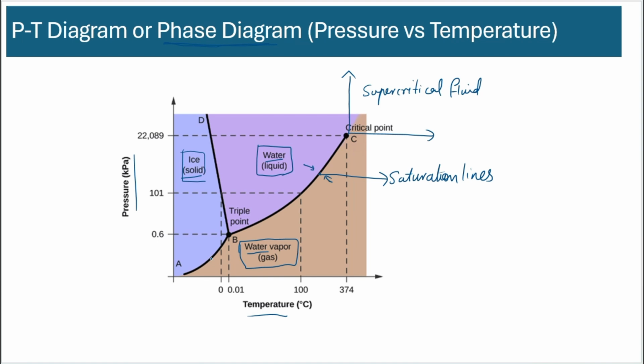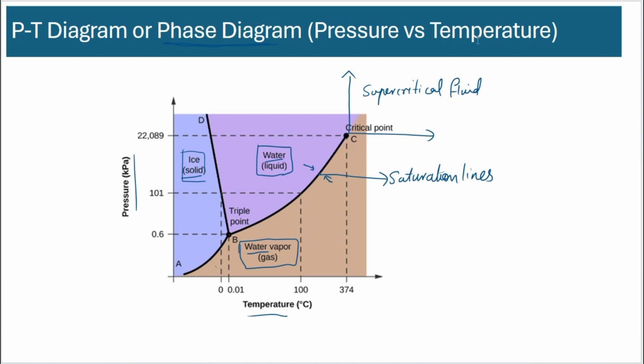Similarly, there is a saturation line for solid-vapor equilibrium and liquid-solid equilibrium. There's also a point where all these lines intersect, which is called the triple point. Okay, so essentially, this phase diagram is a description of these three lines. These three lines tell you about the boundaries which separate the phases.